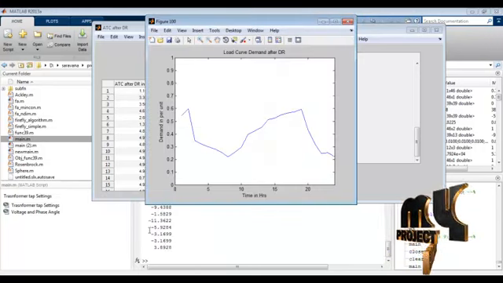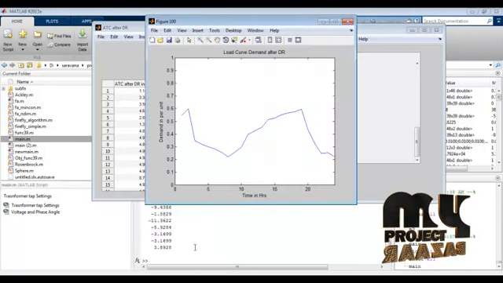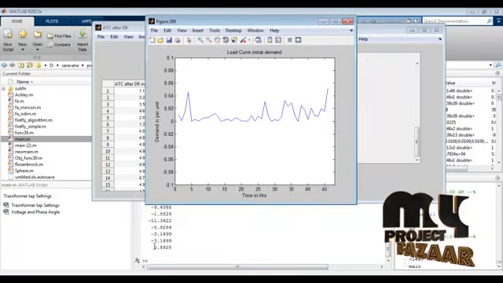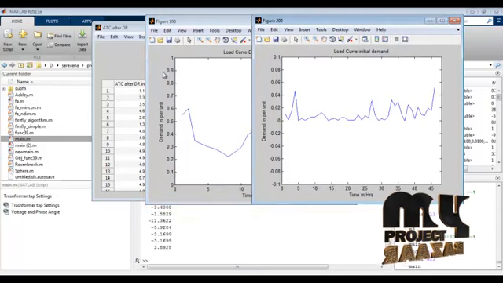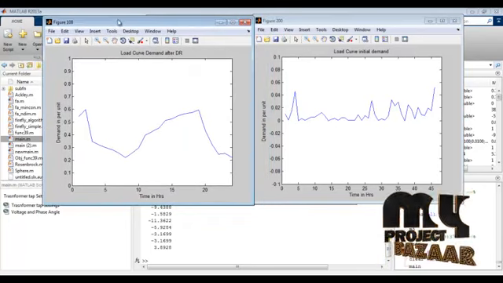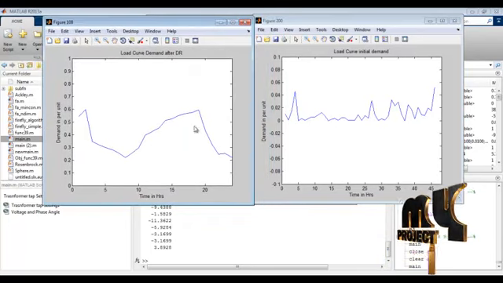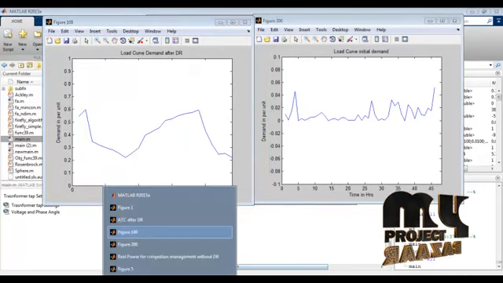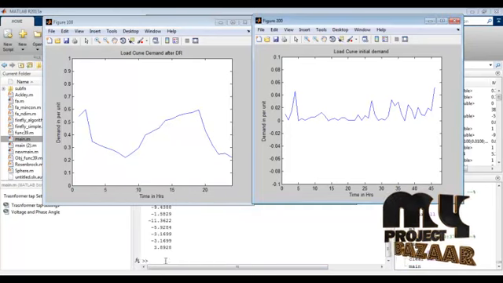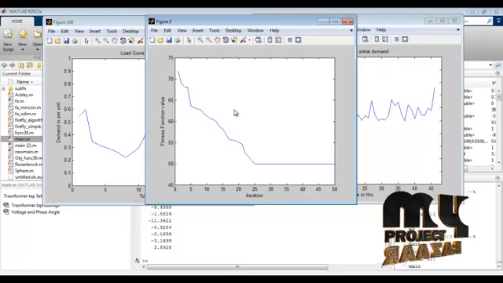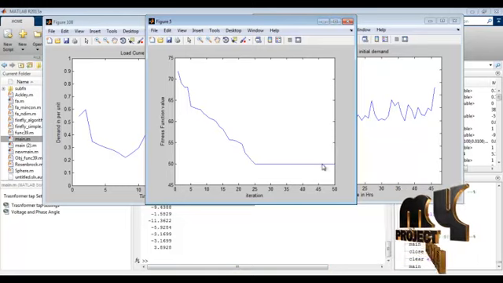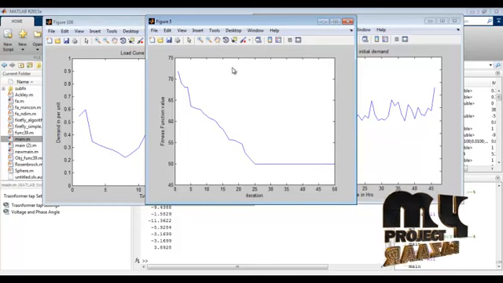Next we show the load curve after demand response. First we can see the initial demand. This is the load curve of the initial demand. After that, the load curve of the demand after DR, combined. This is the fitness function value. We use 50 iterations, and the fitness values are plotted in a graph.